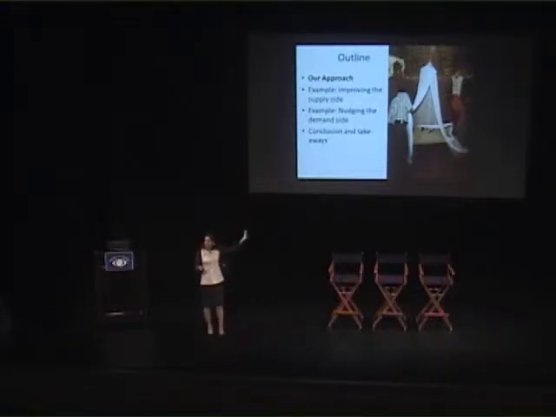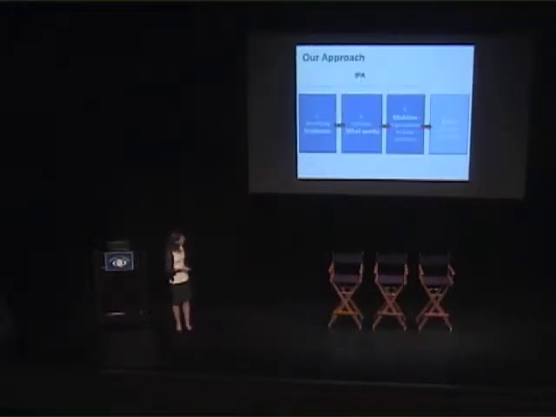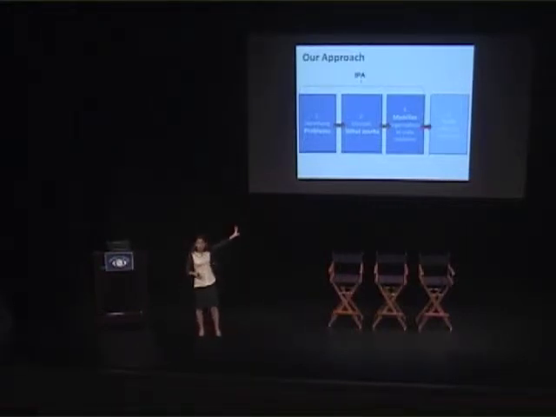So I'm going to very briefly describe our approach and then give you two examples of how we measure and then use impact of development programs. So our approach is very simple. In partnership with implementing organizations, we identify problems. So high incidence of diarrhea or people don't clean their water.